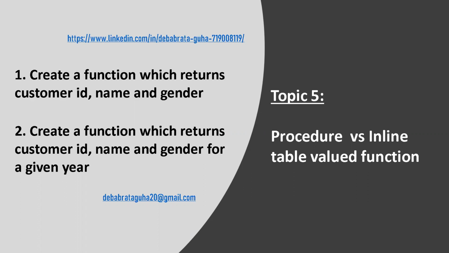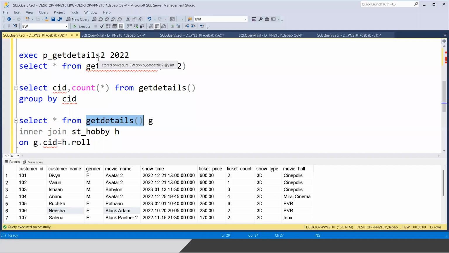So the reason for the invention of the inline table valued function, or better to say table valued function, is to get flexibility over views and procedures. That is the advantage we are getting over a procedure. Procedures and table valued functions are both capable of fetching the details in this manner.